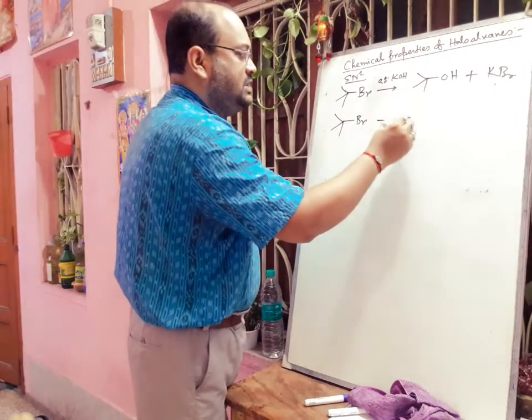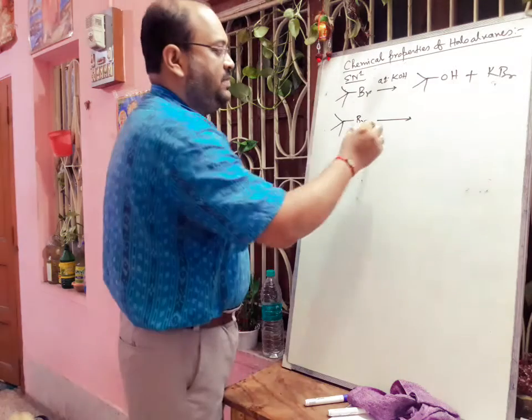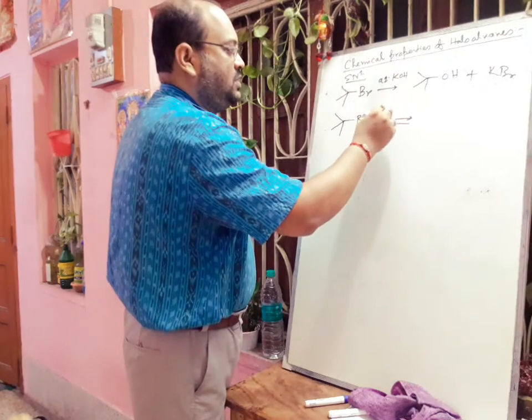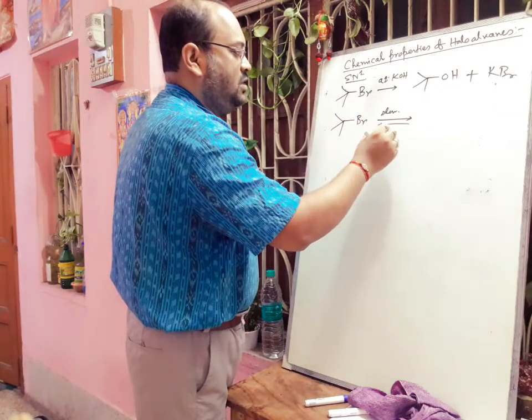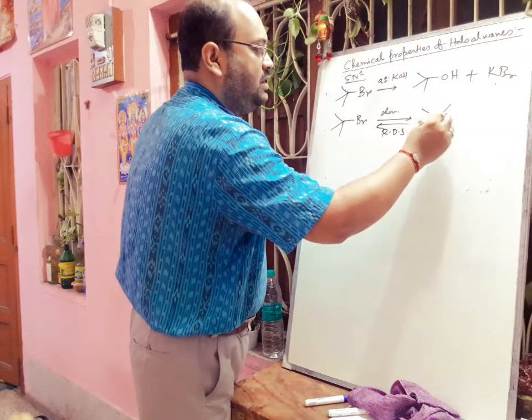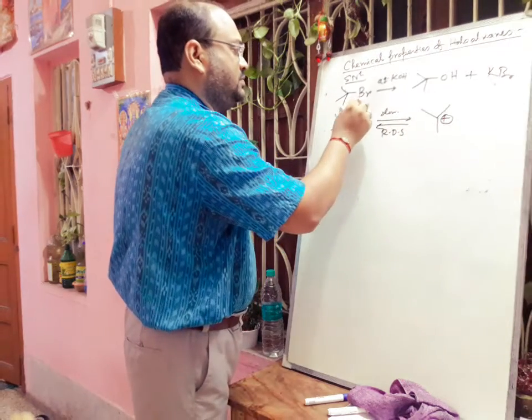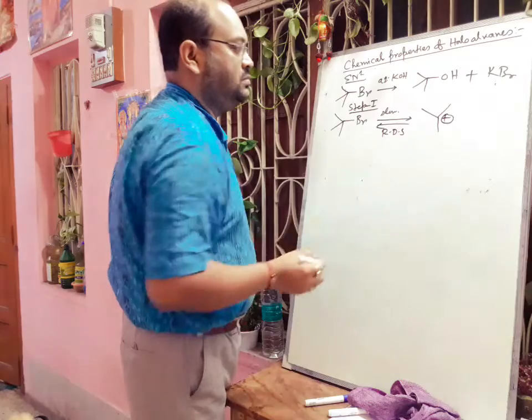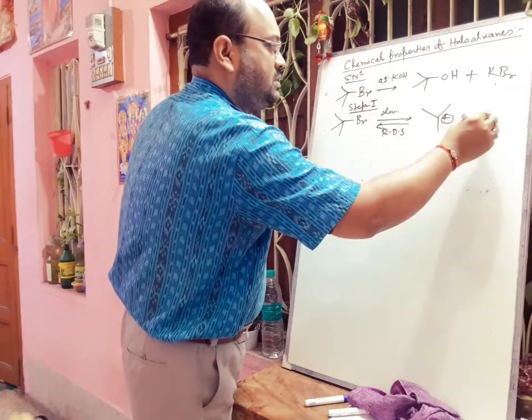First step, this is called the rate determining step, and this is the slowest step. Then there will be formation of one carbocation, plus Br minus.